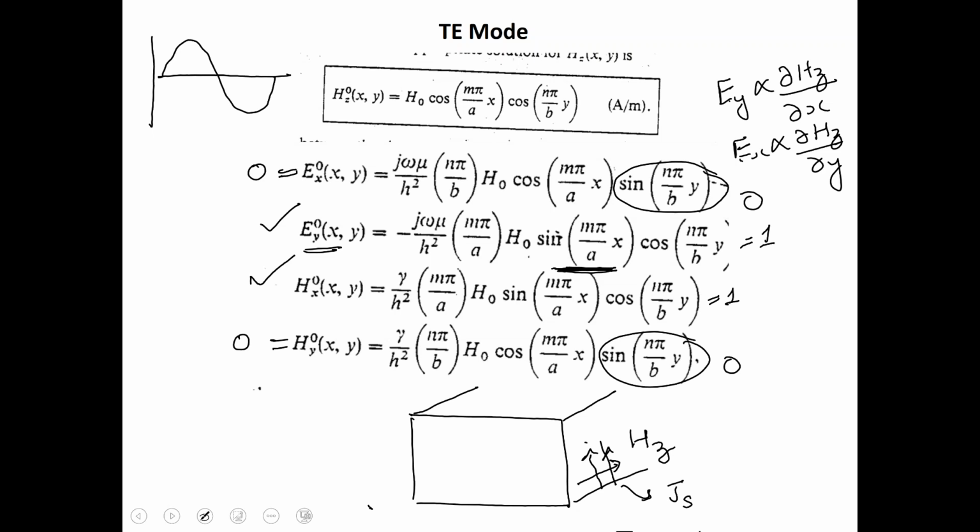The field is going to be pointing in y direction, but it is going to have a lobe in x direction. So putting that in maths, we know that the Ex field and the Hy field are both going to be 0. These fields do not exist.